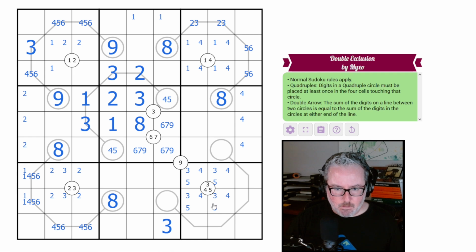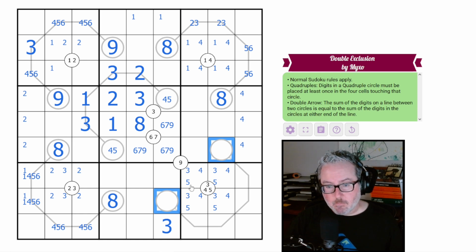Well, it does remove both of these from being a 9 because of in here. So these can't both be 9s, and they can't be a 9-8 pair. It could be a 9-7 at the most.